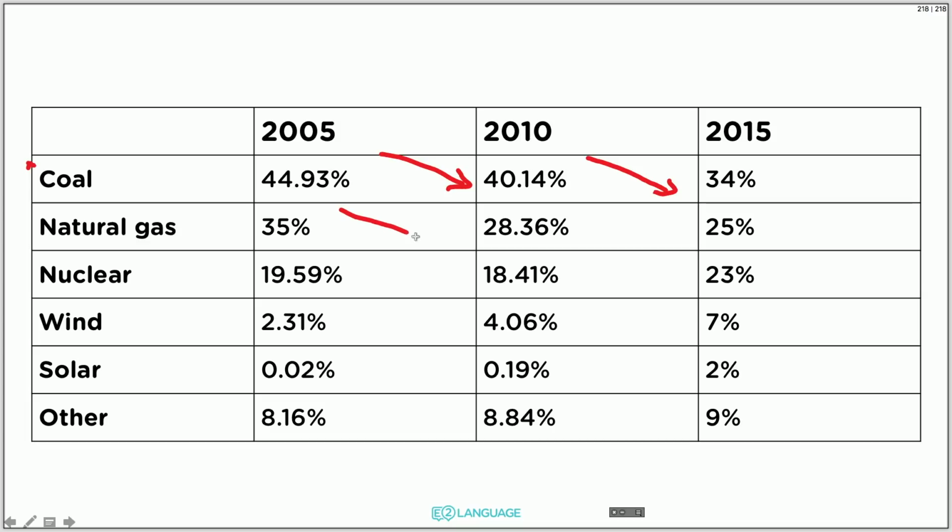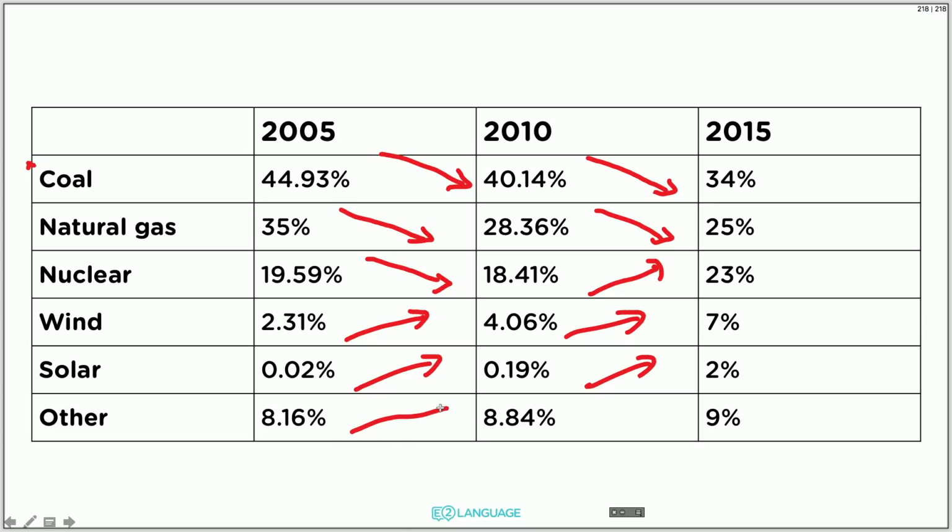Well, it decreased, didn't it? And then it decreased again. What happened to nuclear? Well, it decreased and then it increased. Wind: it increased and then increased. Solar, increased and increased. And lastly, other, it slightly increased and then slightly increased again.